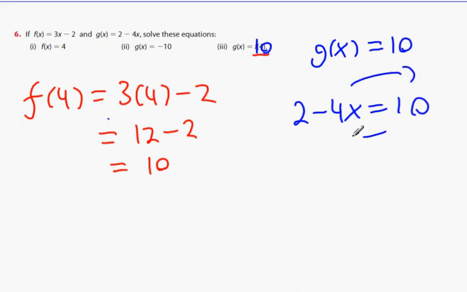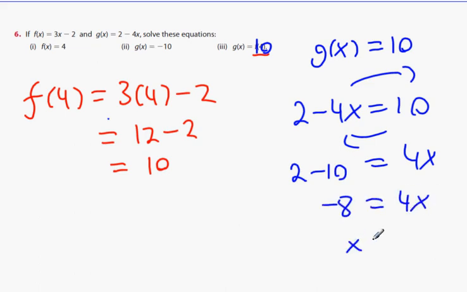Bring over the 2. 4x equals minus 2 minus 10, minus 8. X equals minus 2. Are you happy enough with that at the moment? It's just the language that's going to get you, okay? The language is what's going to get you.